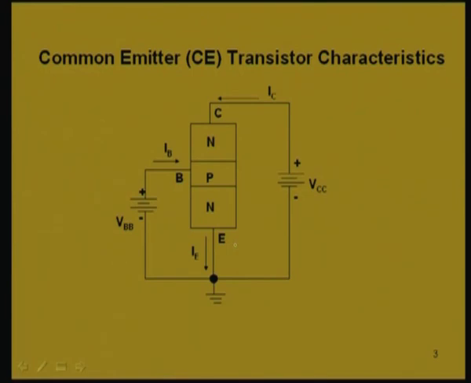Similarly, in the output characteristic, we will be plotting the collector current IC versus the collector to emitter voltage for different levels of input current. Here the input current is the base current. Experimentally also, we can determine these characteristic curves.